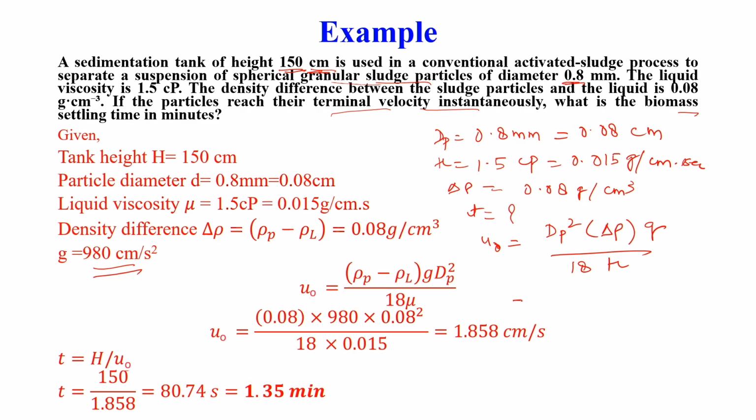So, we are getting terminal velocity as 1.858 centimeter per second, and once we know this velocity, we know the height of the tank is 150 centimeter. So, time will be height upon velocity, and that you are going to get 1.35 minute. So, it will take 1.35 minute to settle down.